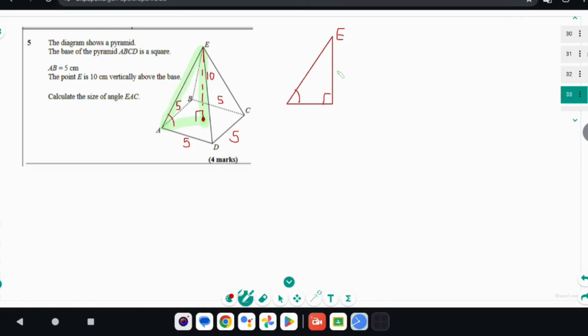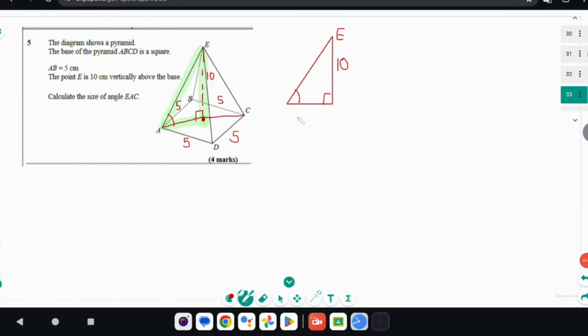EAC is actually all the way across. But we can just work out that angle from that right angle triangle. That will give us the angle EAC. So we have 10.